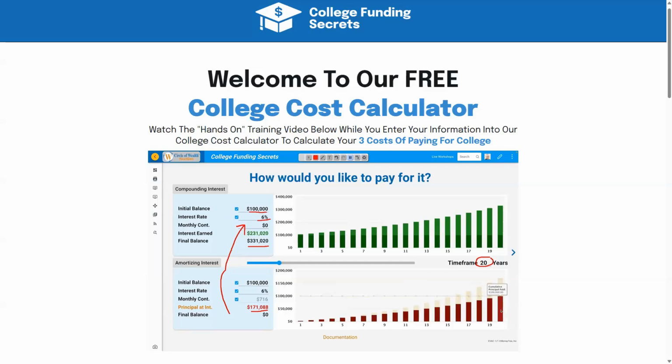But if I make that loan payment, which in this example is $716, then that is $716 that is not going towards my savings. So then that means that I actually have an opportunity cost of my principal payments.